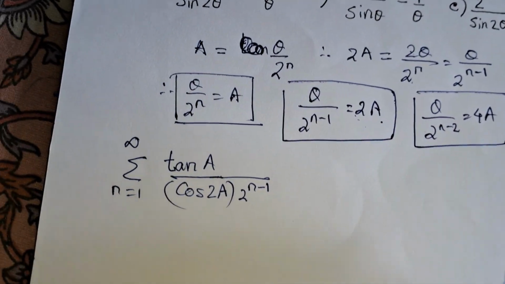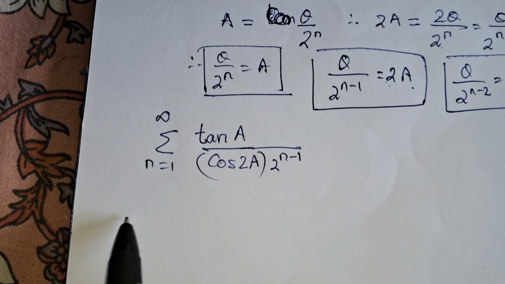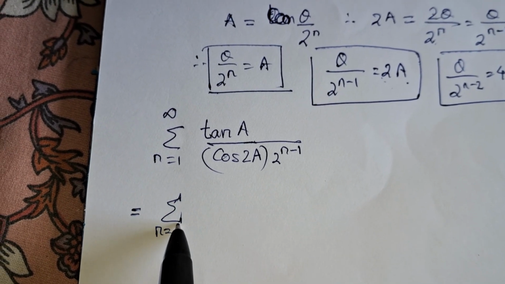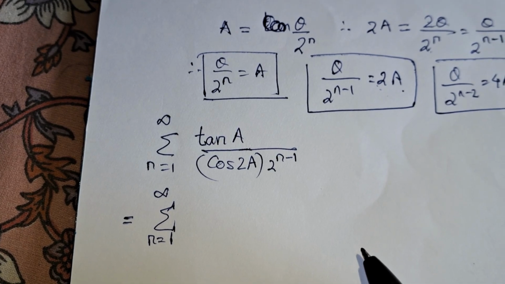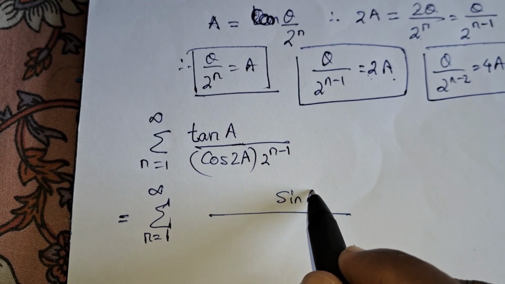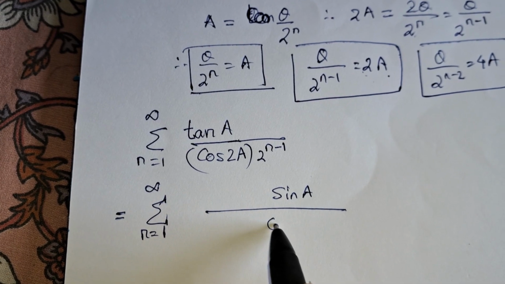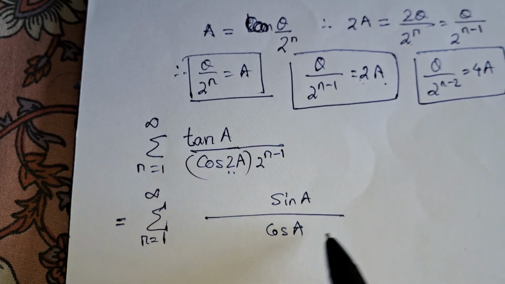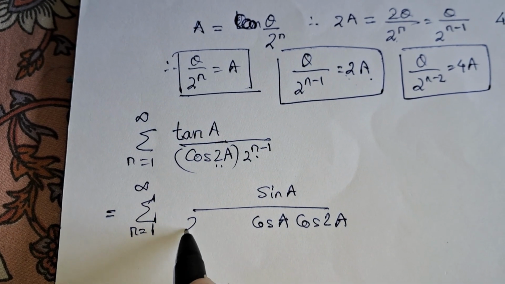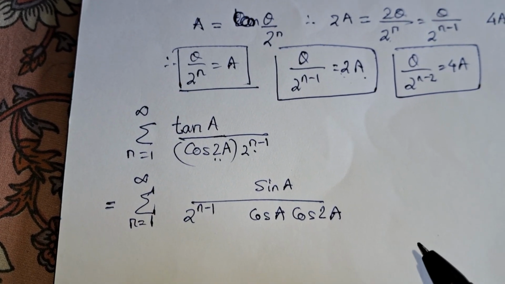Now let's start. Summation, tan means we know sine over cos. Sine a over cos a. There is cos 2a. And this 2 to the power n minus 1 is over here.